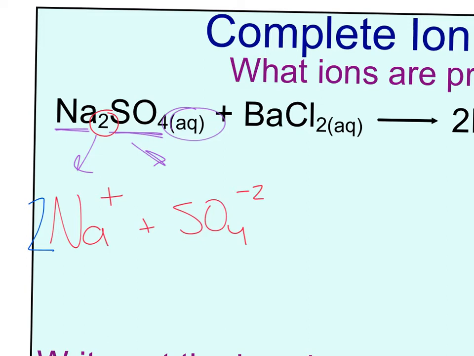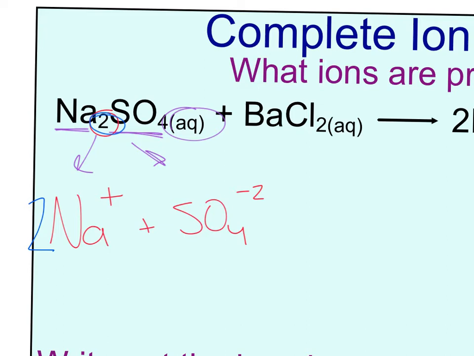The reason I'm going to do that is because, remember, subscripts denote bonding. So there's two sodiums bonded to one sulfate. When it's broken apart into the water, they're no longer bonded together. They're all by themselves. So I'm just putting 2 Na+ and the 1 sulfate -2.